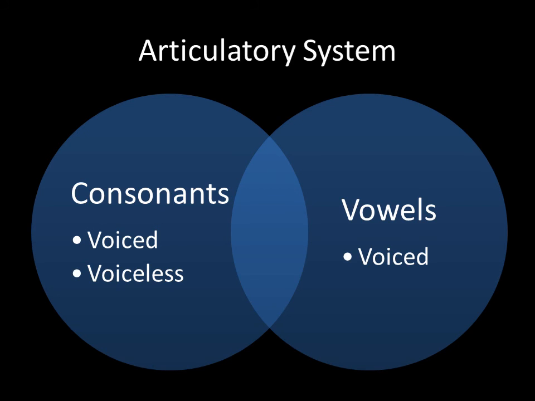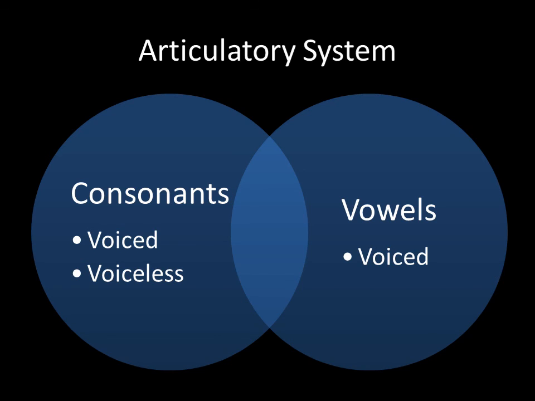Articulation can be divided into two different kinds of sounds: consonant sounds and vowel sounds. Consonant sounds are said to be voiced and voiceless, and vowel sounds are said to be only voiced. Voiced sounds are when your vocal folds are adducted or added together. Voiceless sounds are made when your vocal folds are abducted or open.